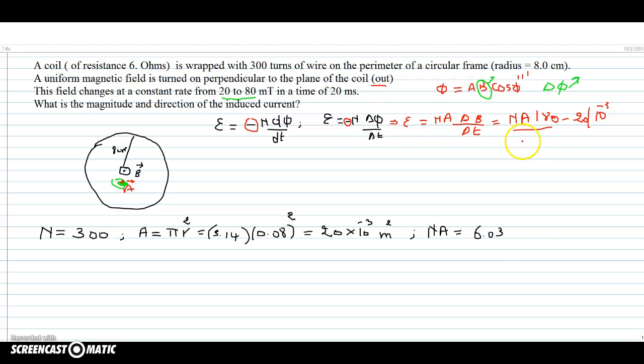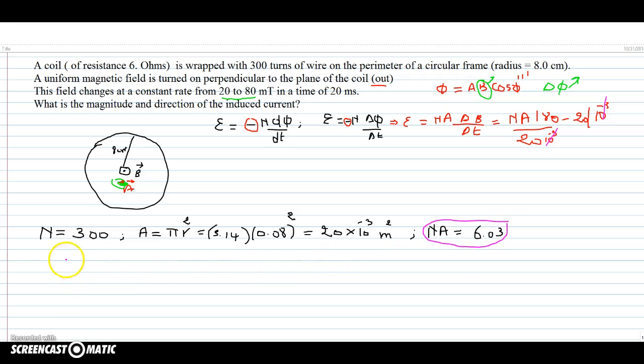The delta t is 20 milliseconds. So we can get this number here. Now we have calculated N times A. N is 300, the area is pi r squared, then times N is this number. You are welcome to check.